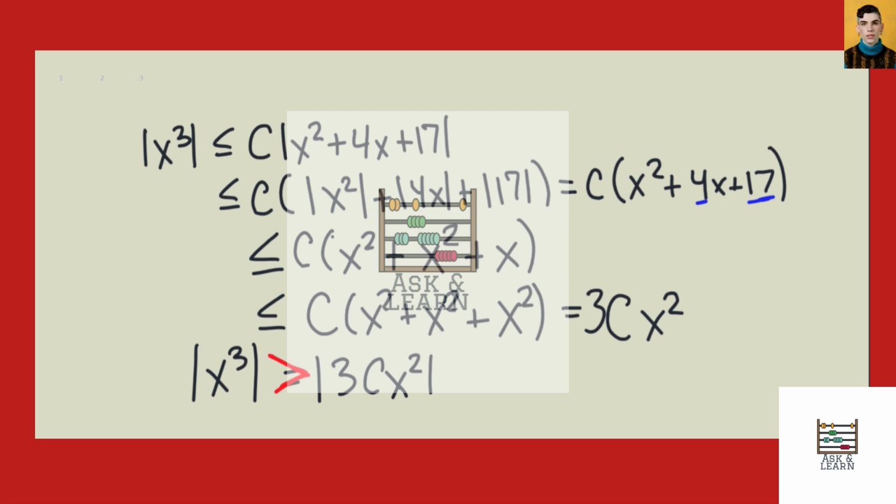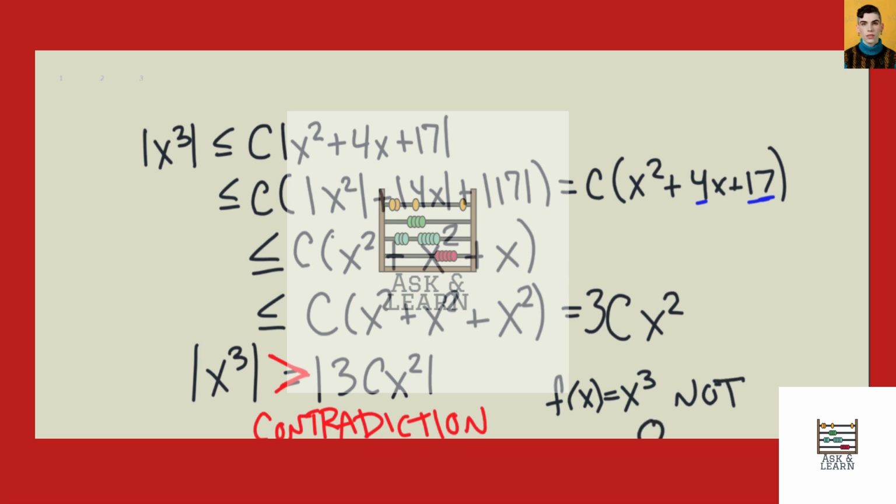X cubed is not less than, but rather greater than. And since we had a contradiction, then we know that f of x being x cubed is not going to be big O of x squared plus 4x plus 17.